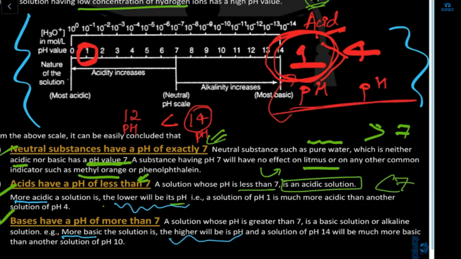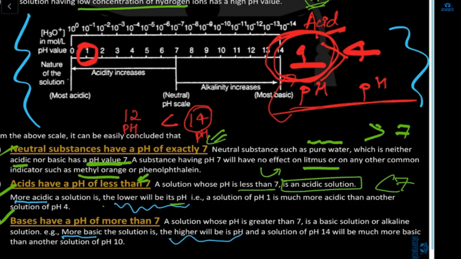In the acidic case, 1 is more acidic than 4, but in terms of number, 1 is less than 4. So the more acidic the solution is, the lower the pH value will be.